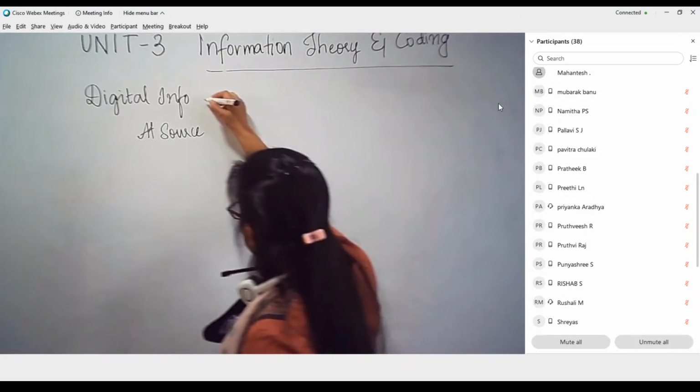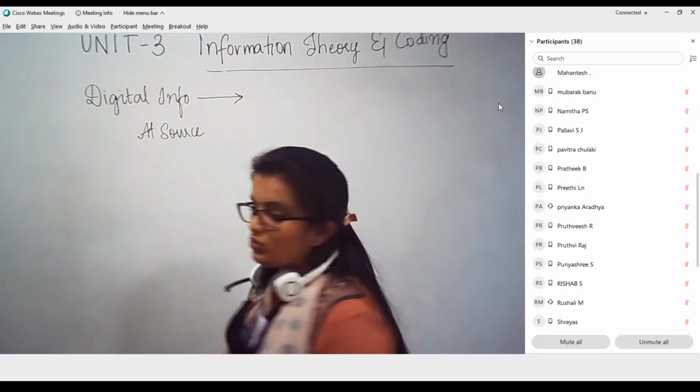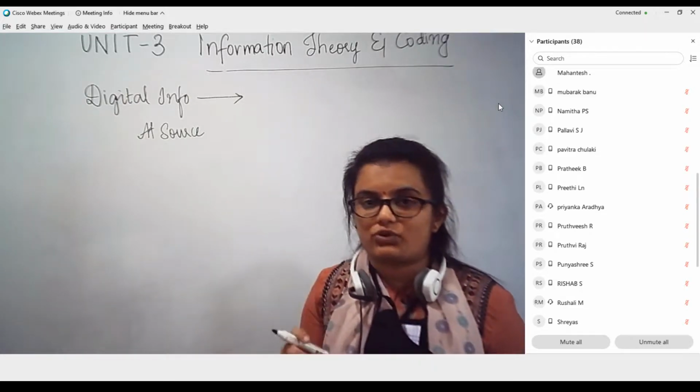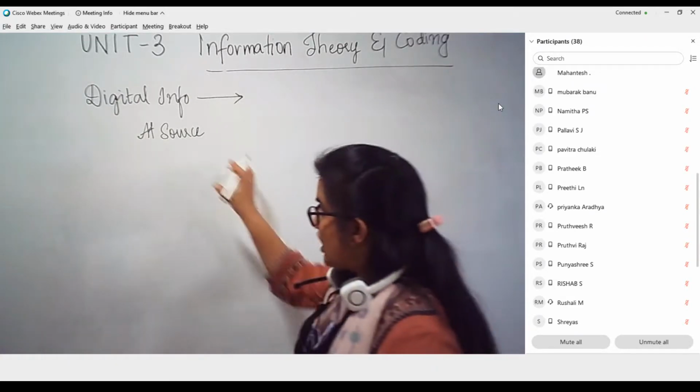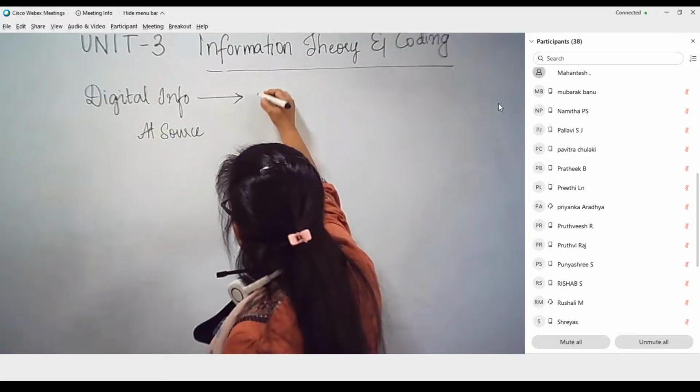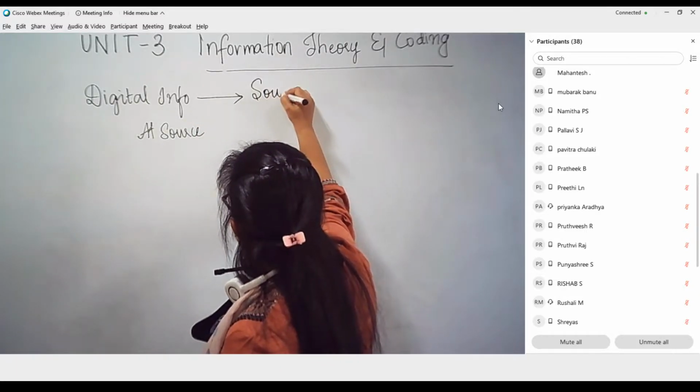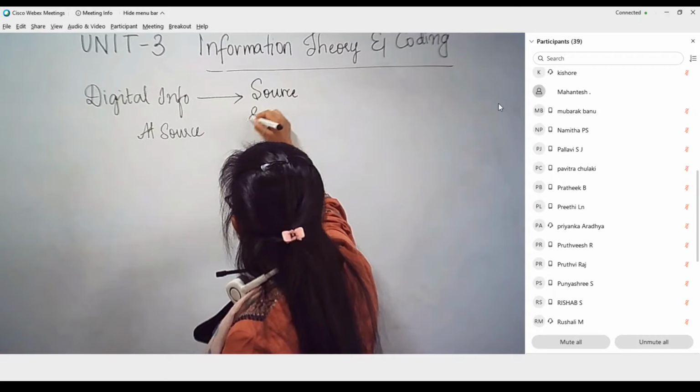What are those 2 steps? Once digital information is available at the source, it will undergo what is called the source encoding process.